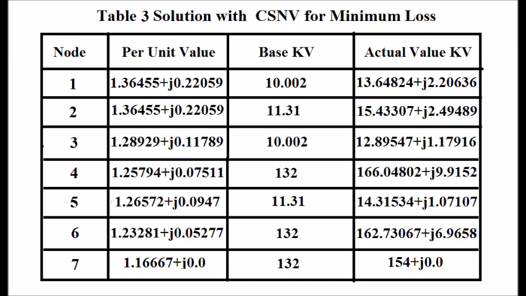Note that the node 1 voltage, that is generator 1 voltage, and generator 2 voltage are equal to 1.36455 plus j0.22059 per unit. After conversion to actual values, these voltages are not equal as shown in the display.